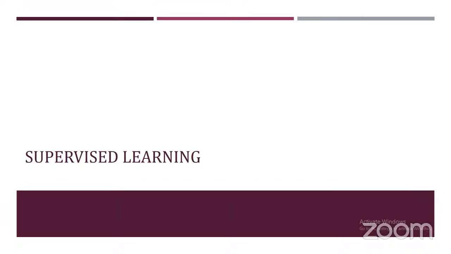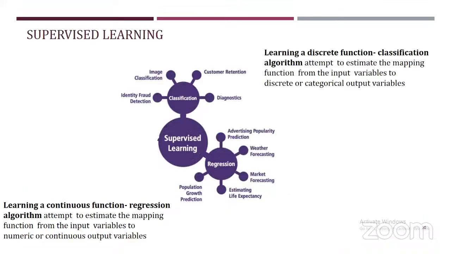Next we are going to proceed further with a more detailed description of supervised learning. One point I have mentioned is that in supervised learning, there are basically two kinds of learning: regression and classification.